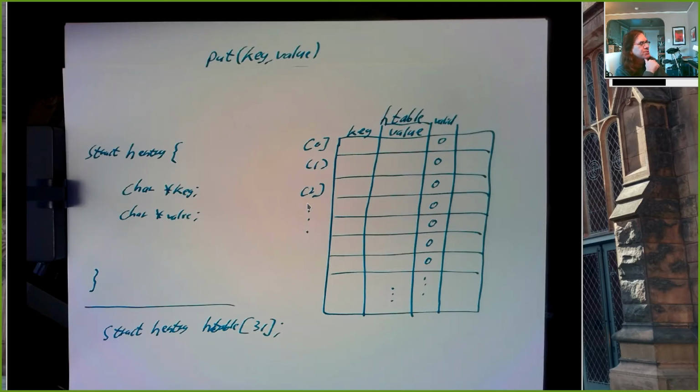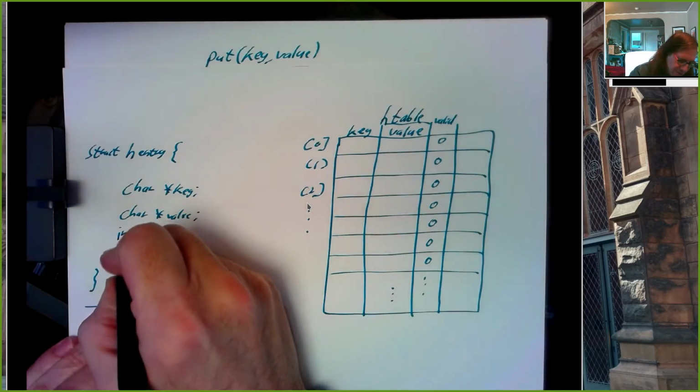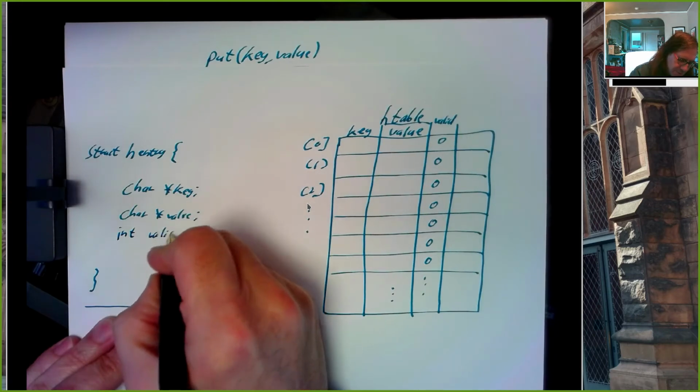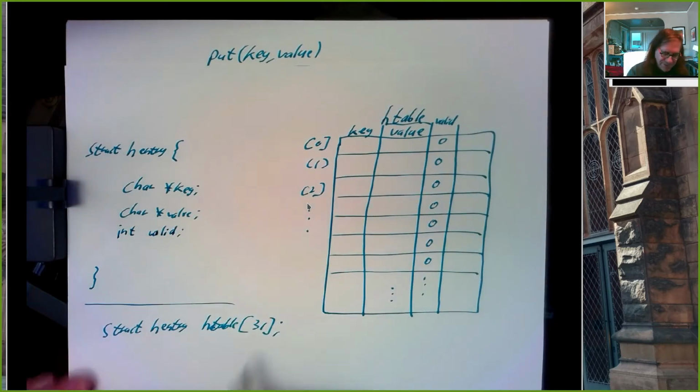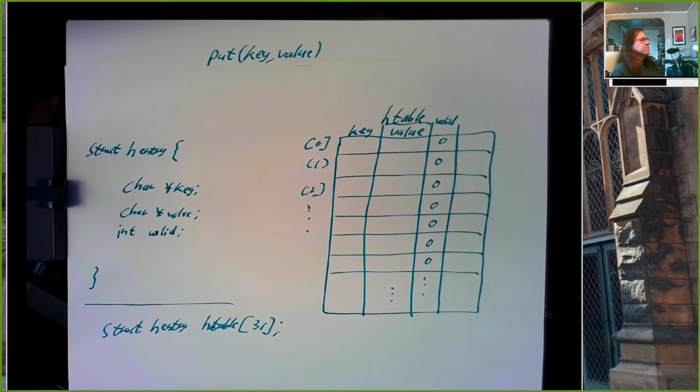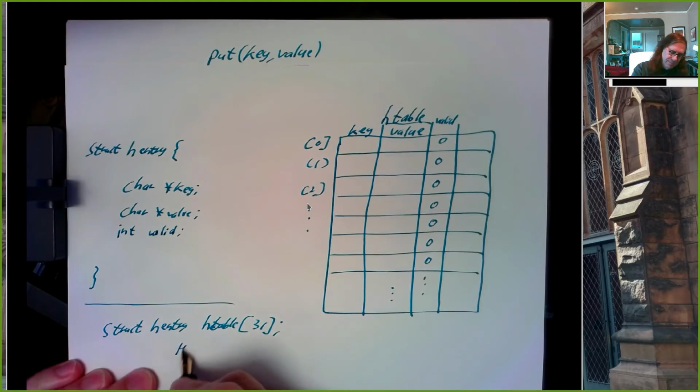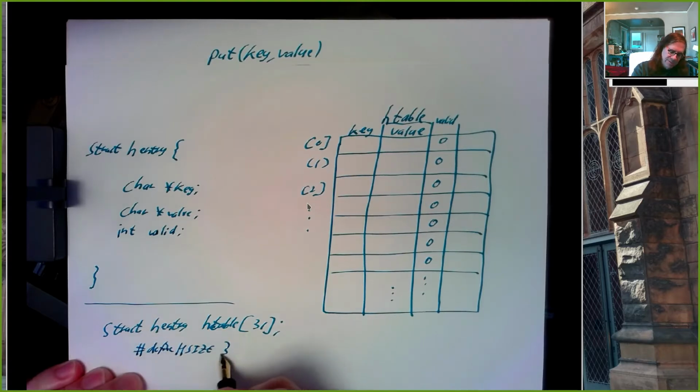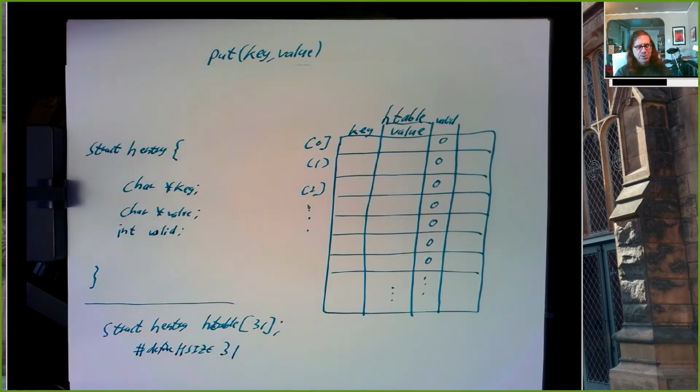We could have separate arrays for key, valid, and value, or we could make a structure that contains all three of those fields, and then just have an array of that structure. And let's say I've set hash size to be 31.